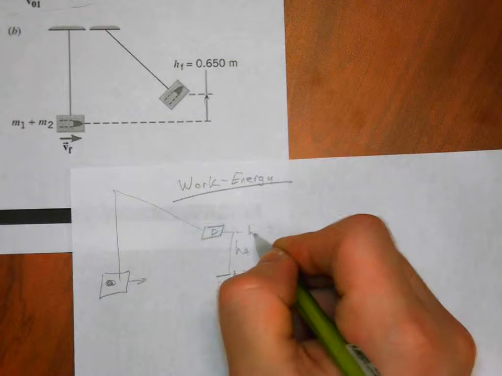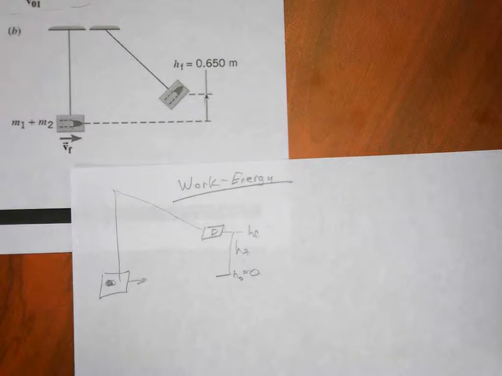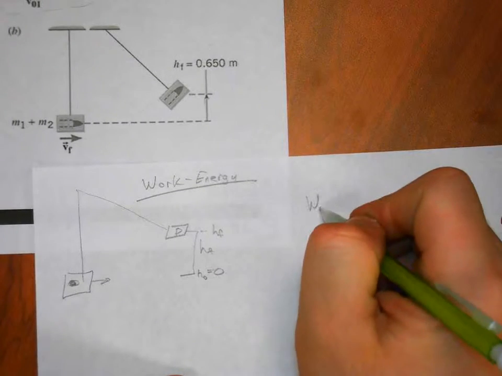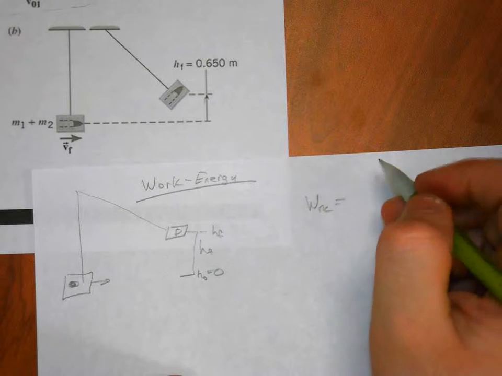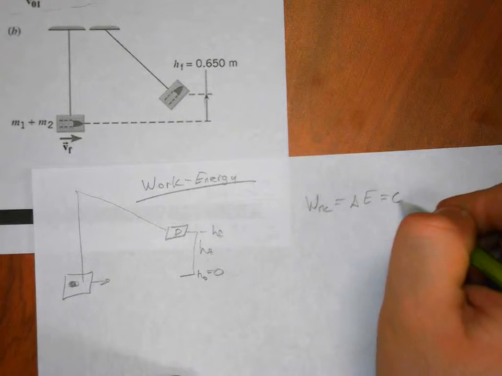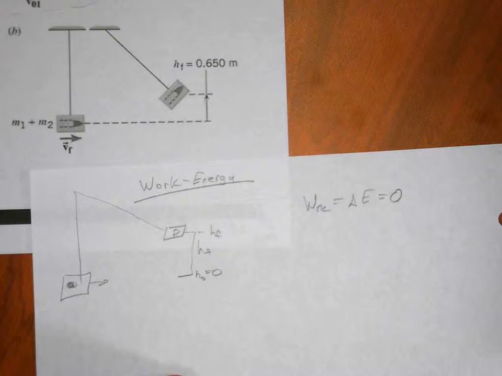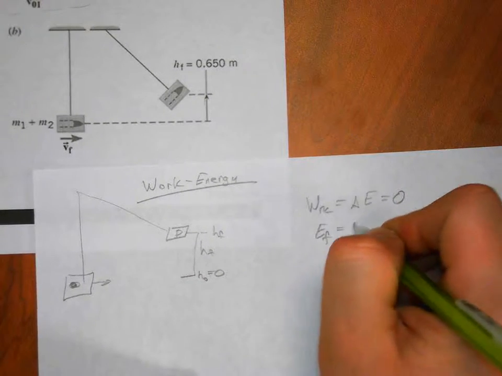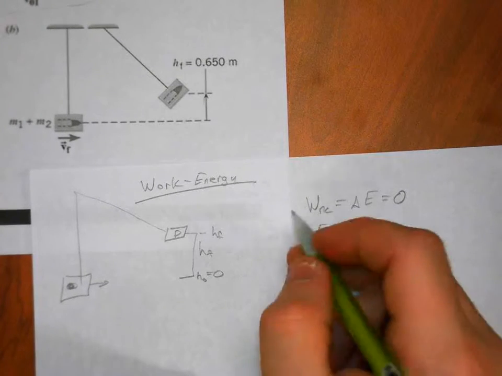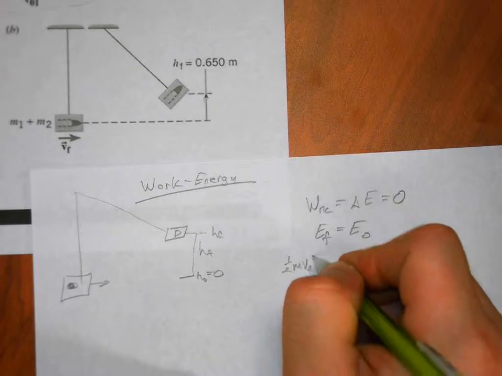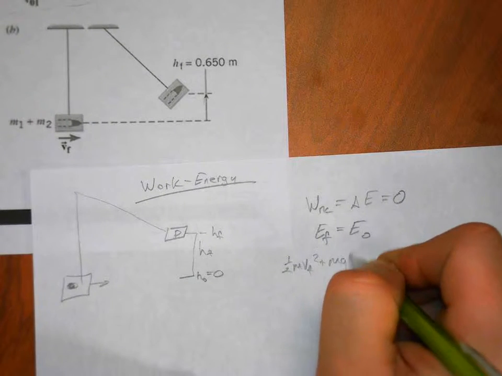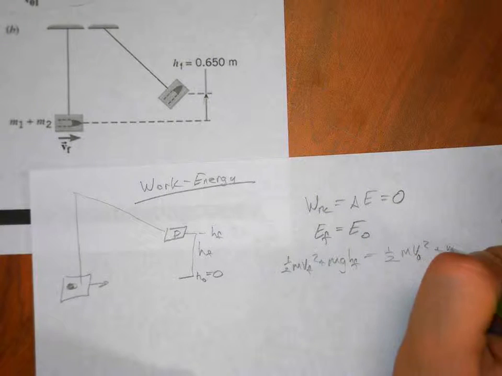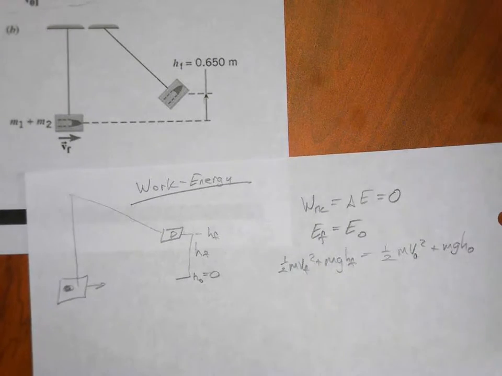So the change in H is going to equal H final. Well, we can then say the work from non-conservative forces is equal to the change in energy, but there is no work from non-conservative forces here because we just have gravity acting upon this bullet block combo. So the final energy equals the initial energy. So 1/2 mv final squared plus mgh final equals 1/2 mv initial squared plus mgh initial.